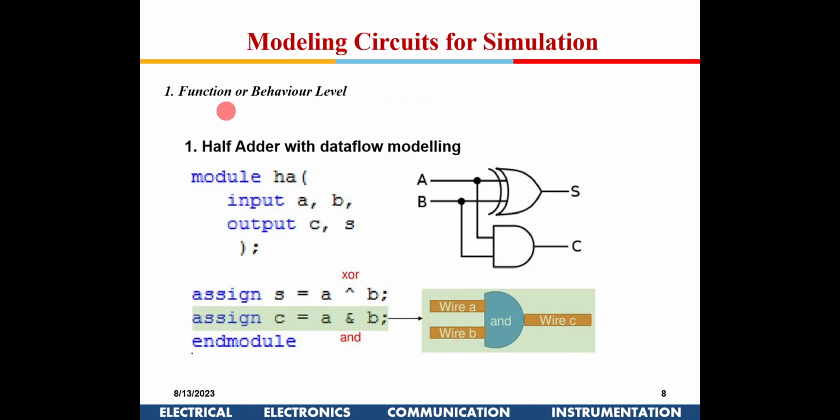Once you design a circuit, any circuit at the functional level, we can design it like this. Suppose a half adder at a functional or behavioral level, I can write a code like this: module half adder, input is A, B, output is C and S, and I can just say assign S is equal to A, this is the symbol in Verilog for XOR, B, and assign C is equal to A and B in Verilog.